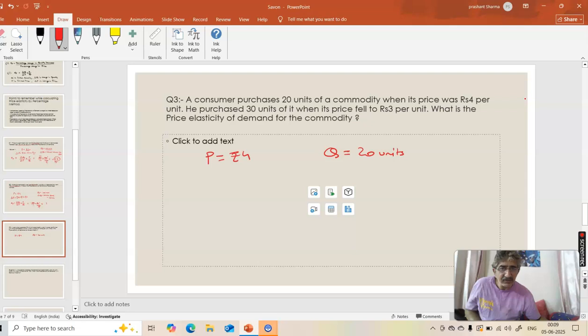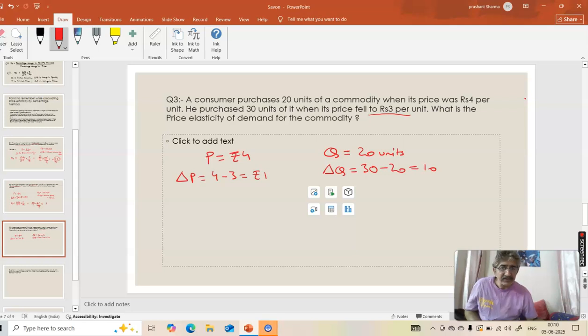So the change in quantity is 30 units minus 20 units, which gives you 10. The new price is 3, so the change in price is the original price 4 minus the new price 3, a change of rupee 1.